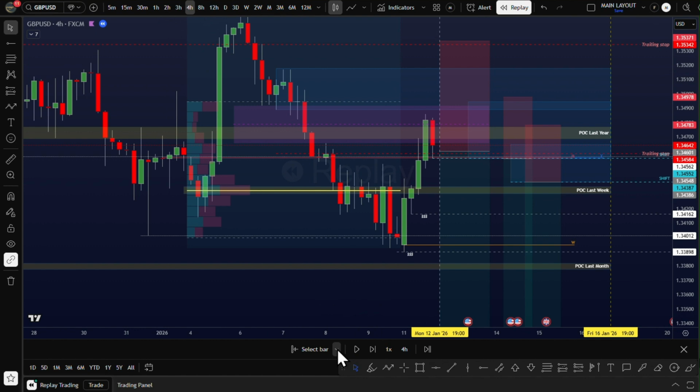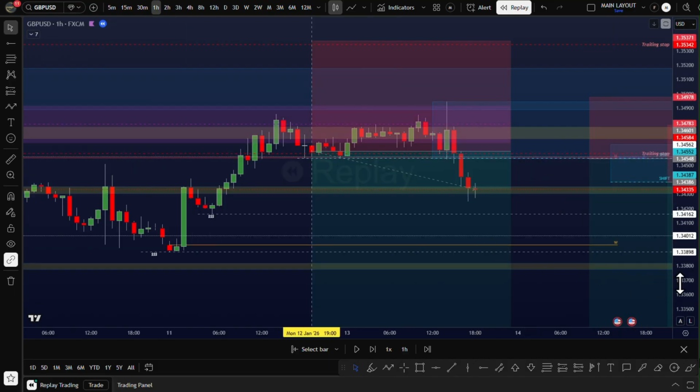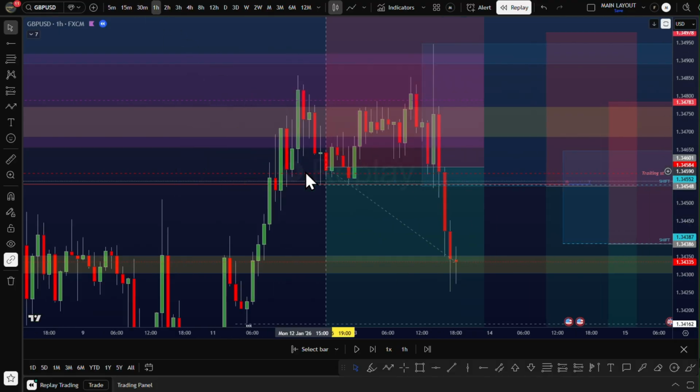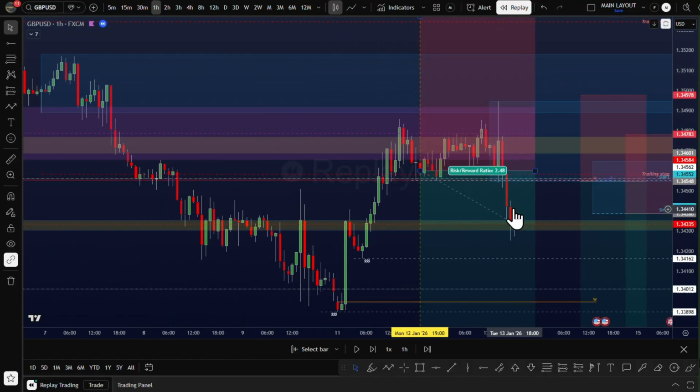So keep going. I was waiting for a second confirmation to add to my trade. As soon as I went down to the 1 hour, I was waiting for a break of structure.